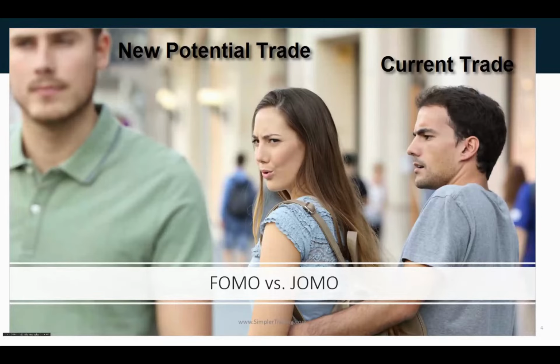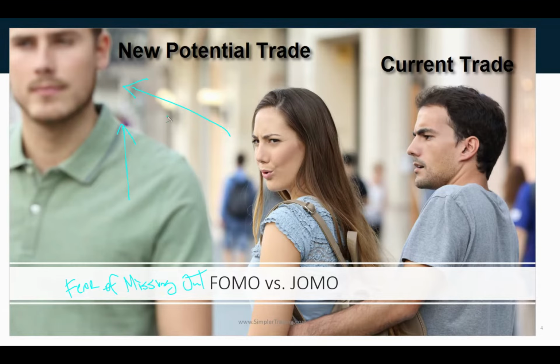The other thing I find is that if you have a good setup, one of the things that a lot of traders have a problem with is FOMO. Fear of missing out. What that means is that you're in a trade and it's fine, but it's not having any action today. And then all of a sudden you see that this stock over here, man, there's news, there's volume.